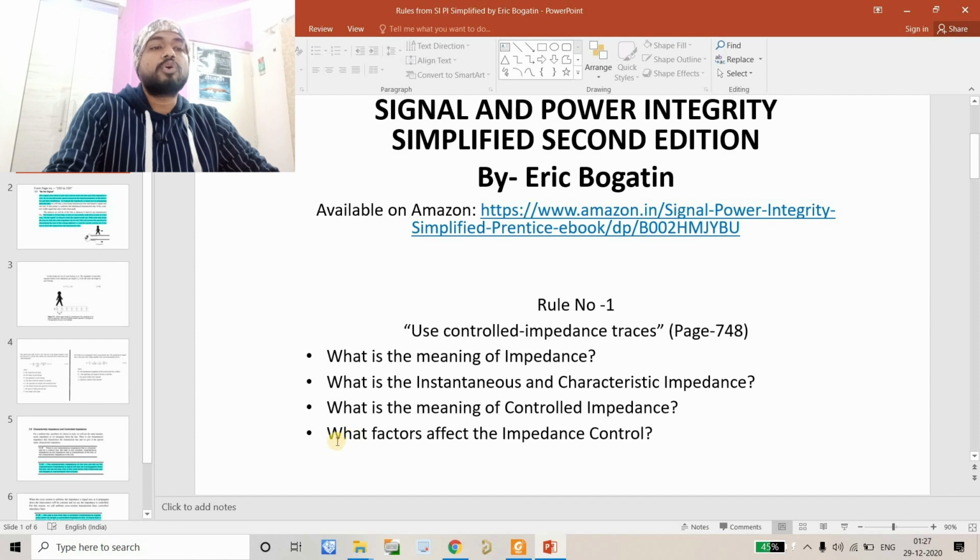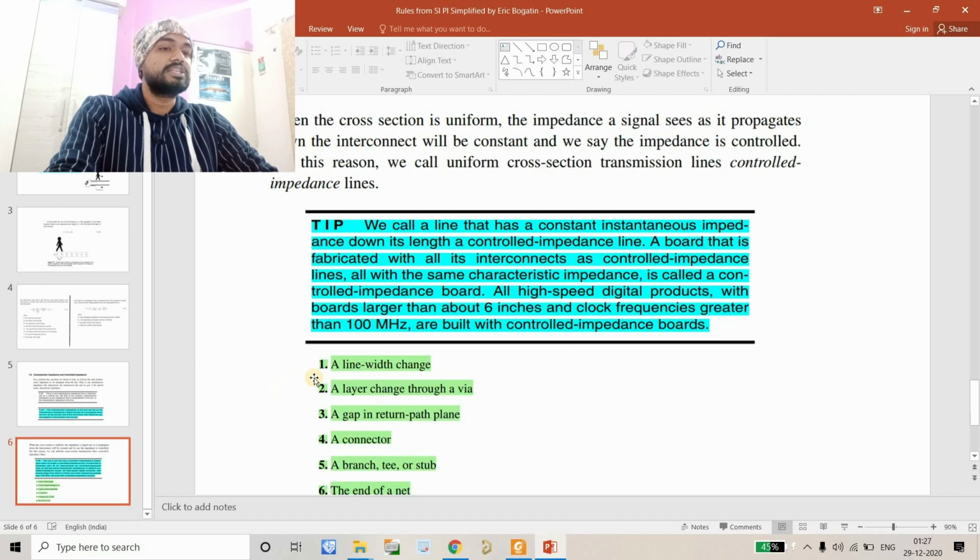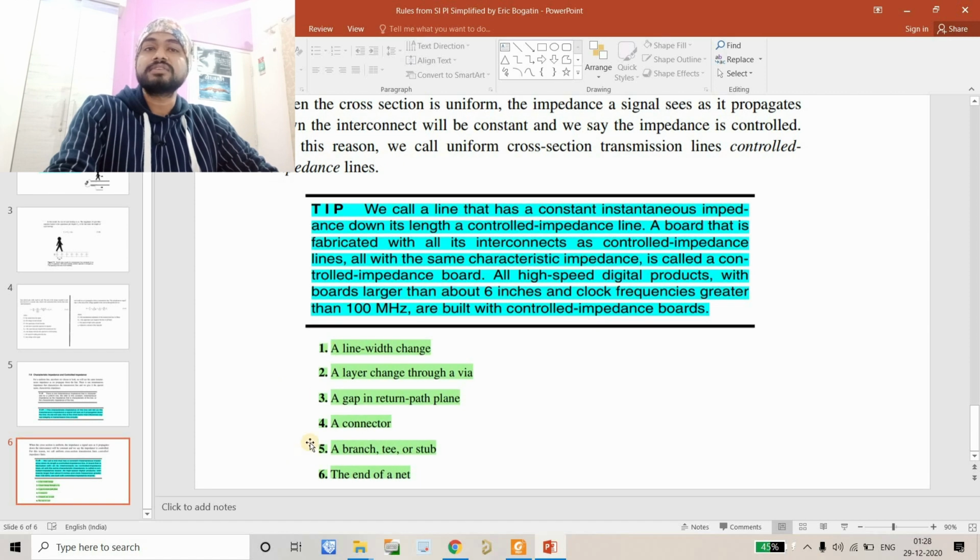Now, we all know what factors affect the impedance. If you see the formula, we can see there are CL and epsilon R, which affect the instantaneous impedance, right? And that instantaneous impedance will be our characteristic impedance for a particular track, right? So how these properties change, we'll discuss. These properties depend on these 6 factors.